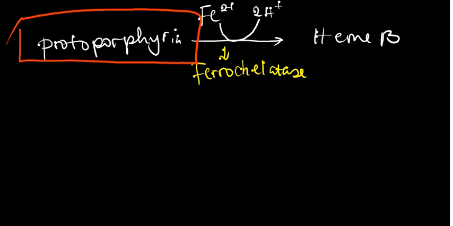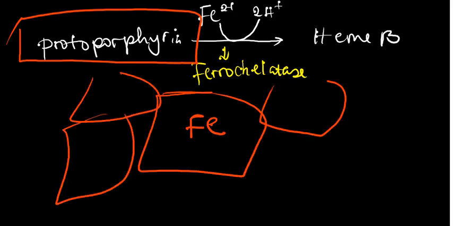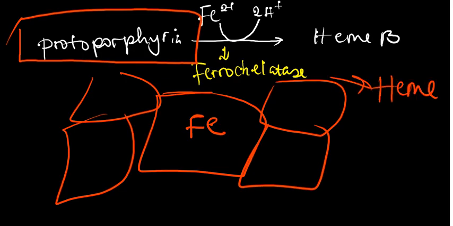And this is the final step in the heme synthesis, because now we are incorporating the ferrous ion into the protoporphyrin ring. After having made those 4 pyrrole rings, and after it's active, a ferrous ion is added to it, and the enzyme involved is what we call heme synthase. So this is the final stage where we finally have our heme B. This is exactly what's happening.